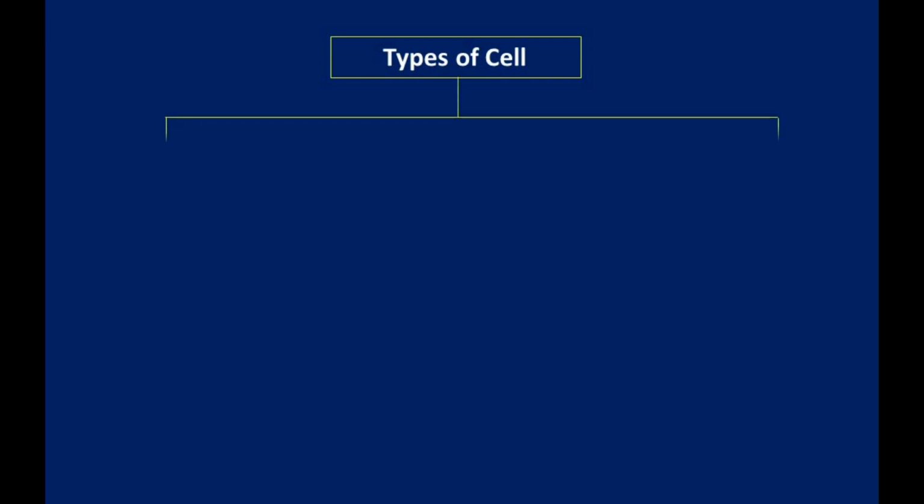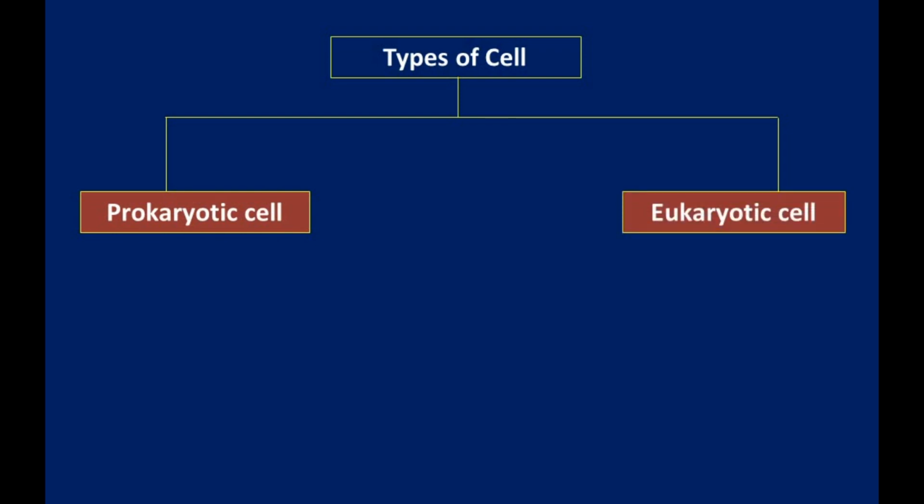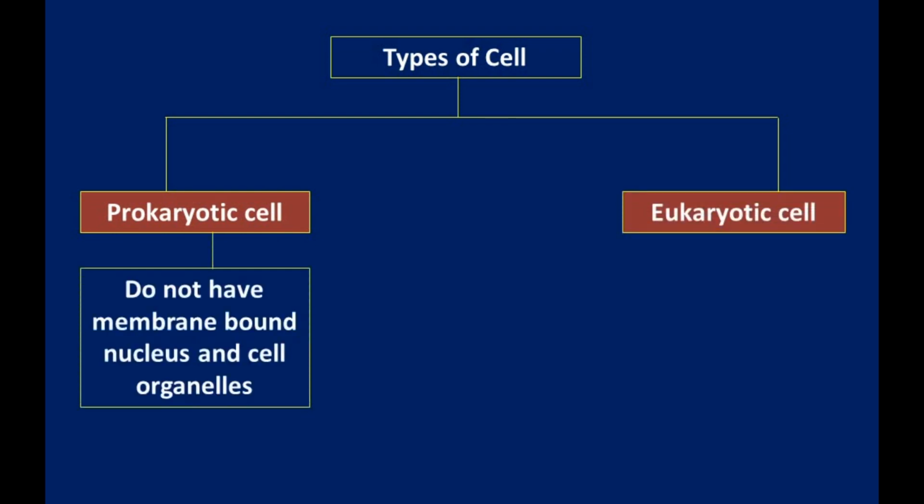First, prokaryotic cell and second, eukaryotic cell. Prokaryotic cells do not have a membrane-bounded nucleus and cell organelles. The nucleus and cell organelles do not have a membrane. Nuclear membrane is absent.